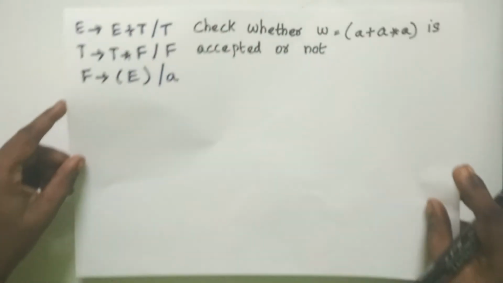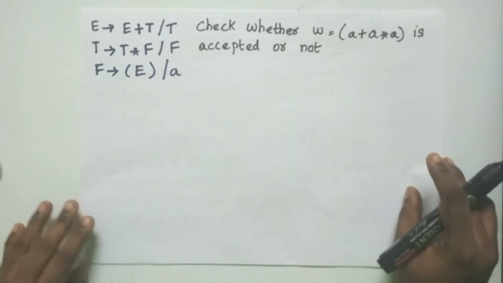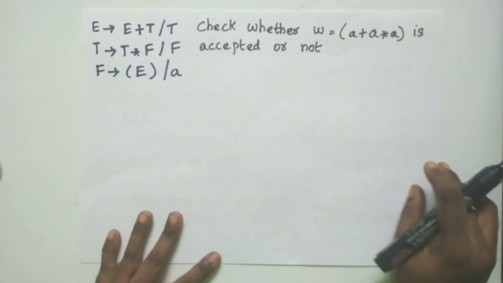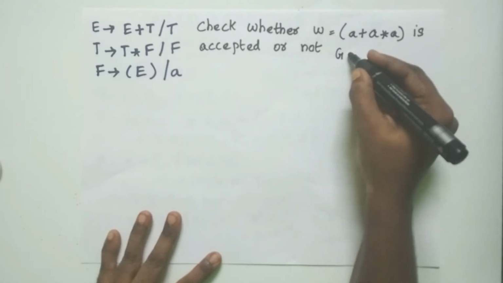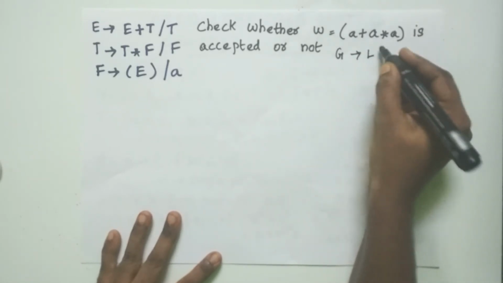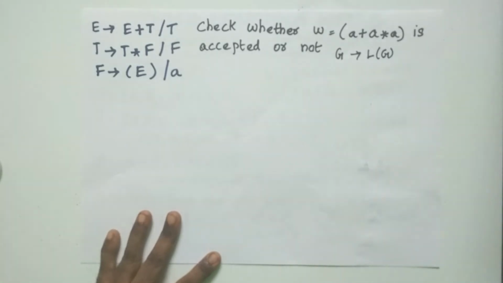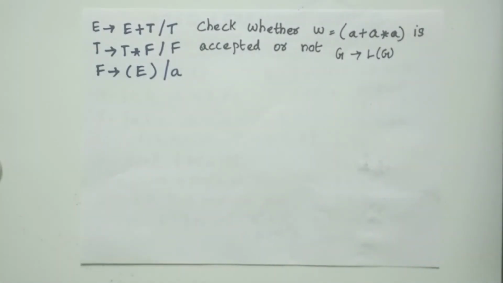If you have a grammar G, then the corresponding language is said to be L of G. The language of the grammar is nothing but the set of all strings that are derived from the grammar.